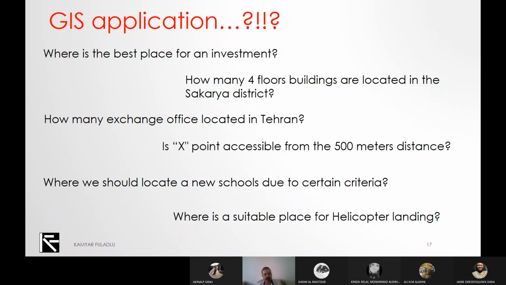There are also 2 or 3 roads. But this is a very wrong investment, because everyone thinks, okay, there are students here, there are people there, so let's open there.